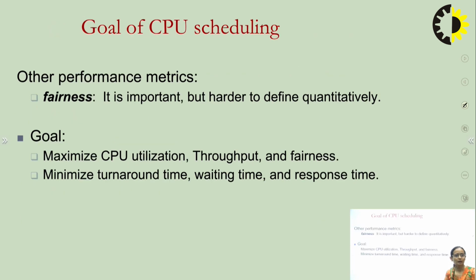We also need to maximize fairness. Fairness is another criterion that you cannot measure. It says that each and every process should get a chance to be executed. So we maximize CPU utilization, throughput and fairness, whereas in the case of turnaround time, waiting time and response time, we have to minimize them.